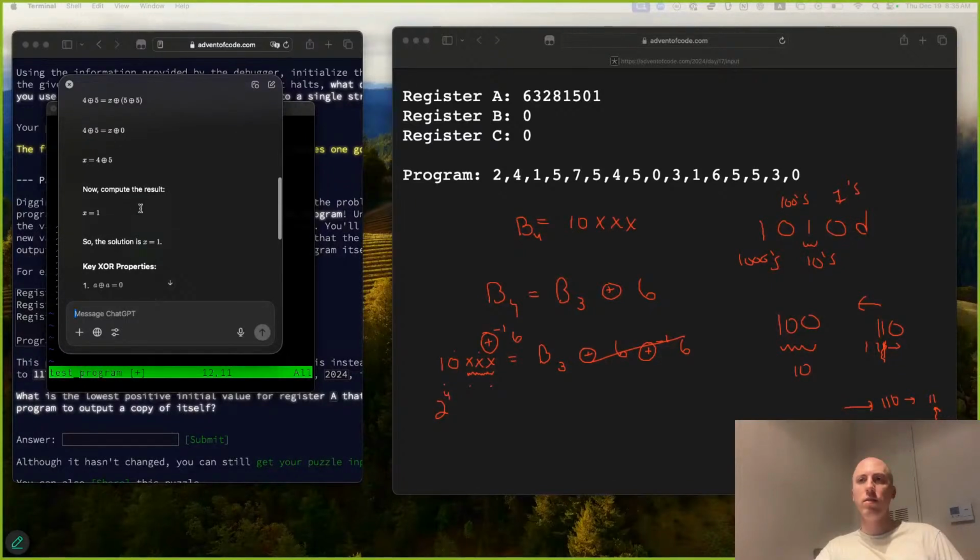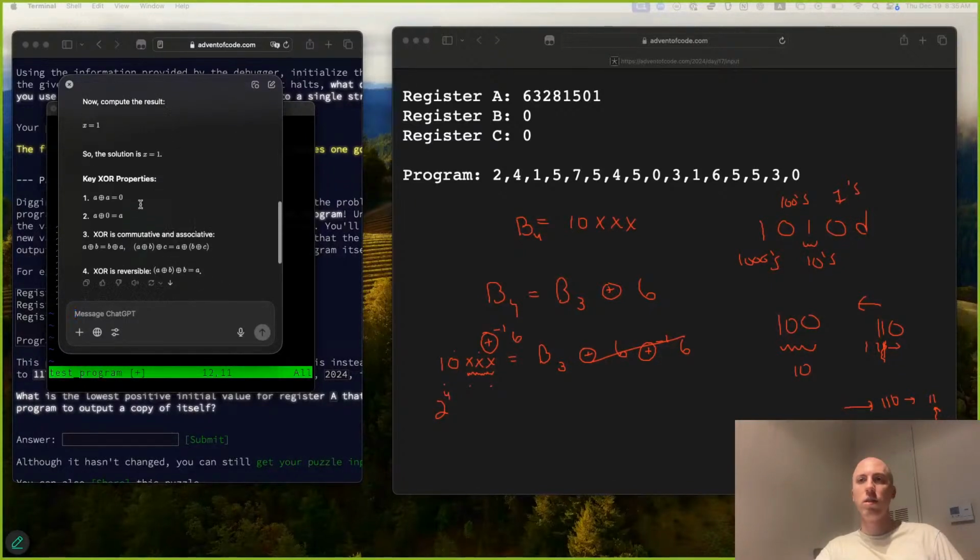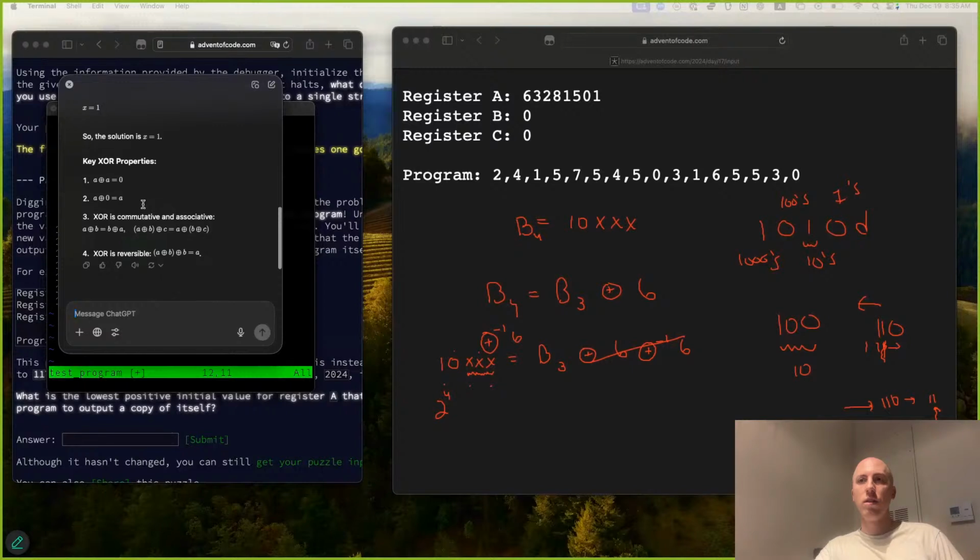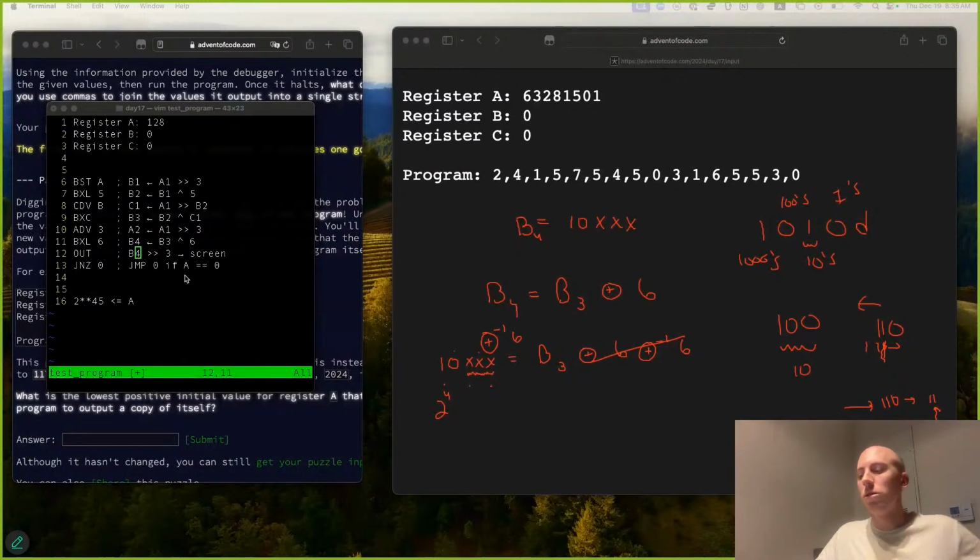All right, that's cool. Commutative and associative. It's reversible. I don't really know what that means, but that's cool. XOR is its own inverse.